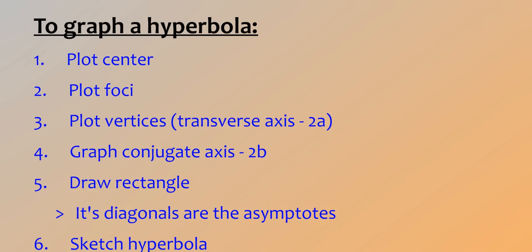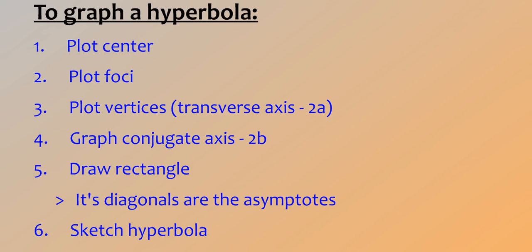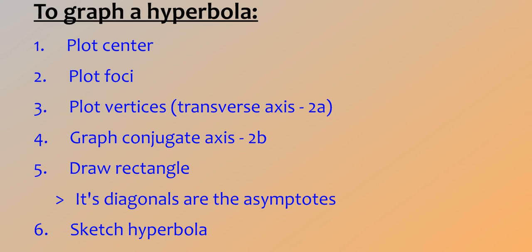Okay, before we do so, if we're ever asked to graph a hyperbola, and you will be asked to graph hyperbolas, here are the 6 main steps that you need to graph a hyperbola. Okay, this is what we'll be looking for when we grade any of these on a quiz or a test. Okay, first thing, plot the center. This is assuming that you are given or have found the equation in standard form. Okay, plot the center first.